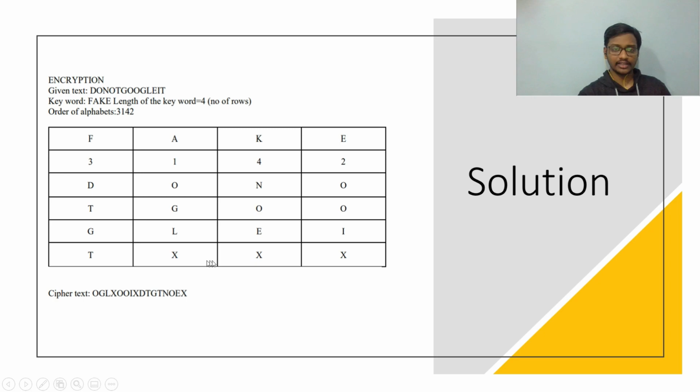The blank spots left are filled with the special character X or any other character as you wish, and then we read the ciphertext column by column in alphabetical order.